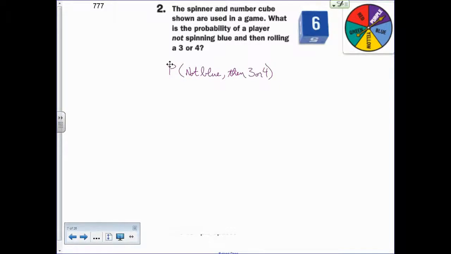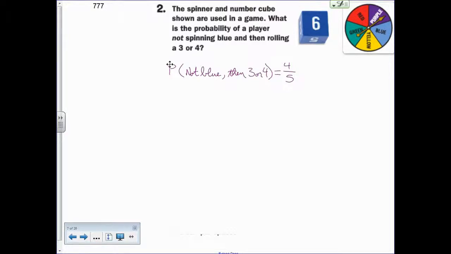Well, first let's find the probability of not spinning blue. If you go over here, it's got 5 spaces on our spinner. Of those 5 spaces on that spinner, 1 of them is blue. So there is a 1 in 5 chance of spinning blue, so the chances of not spinning blue are 4 out of 5.